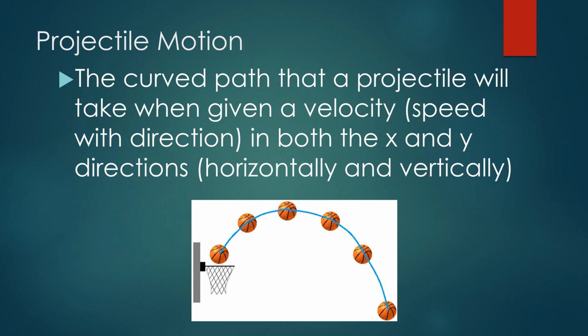So in projectile motion, you have a velocity going this way and a velocity going this way. When you're throwing this basketball, you're throwing it up and out. You're not just throwing it up in the air, you're throwing it up and out.